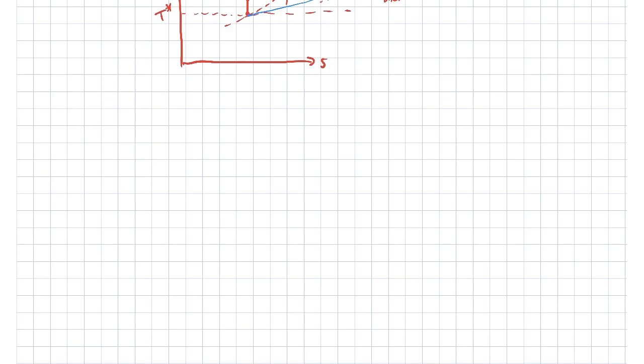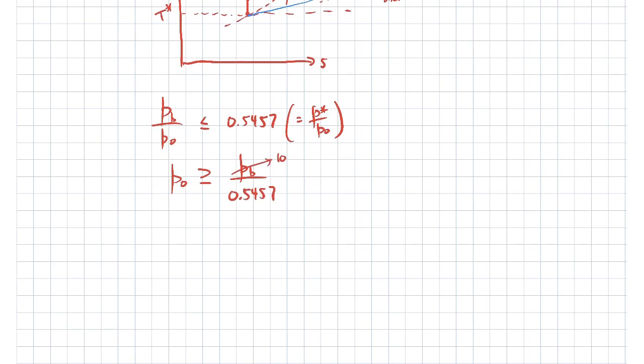So let me write that down here. PB over P naught, we want that to be less than 0.5457. That's equal to P star over P naught. Right, so I can just rearrange that expression. I want P naught to be greater than or equal to PB all over 0.5457, where PB is the 101 kilopascals.